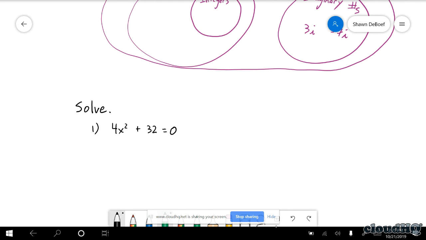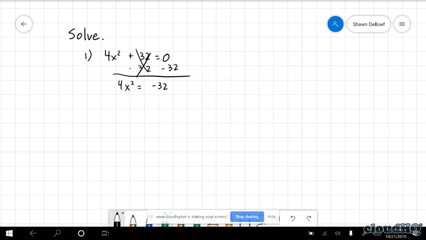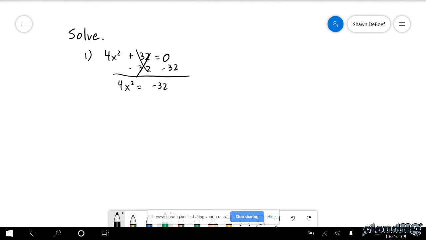But if I solve this, I can subtract 32 from both sides. And right now, I don't have an x term in there, which enables me to do this. In a later unit, we will, but we'll approach that differently.